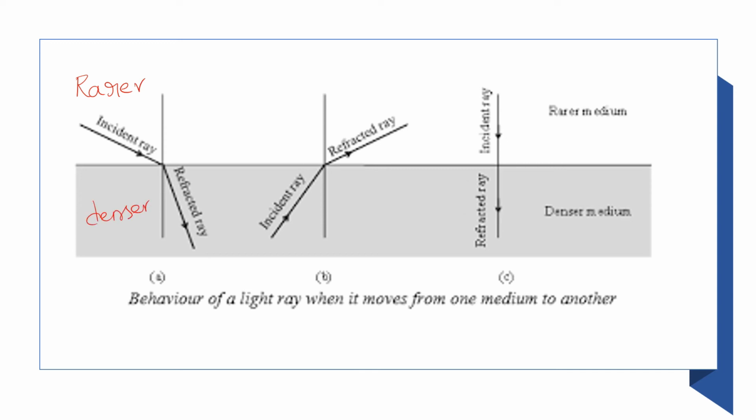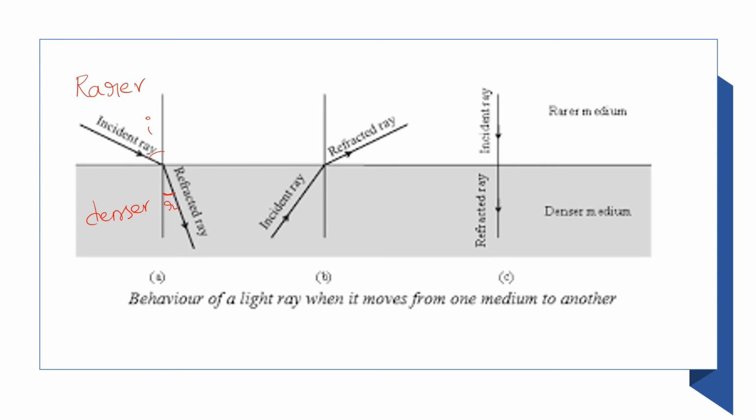The refracted ray bends towards the normal. This is the angle of refraction, and this is the angle of incidence. Here the angle of incidence is more than the angle of refraction.